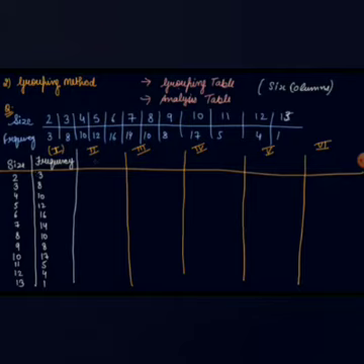In the second column, you add the first plus second frequency, which is 3 plus 8 equal to 11. Then you add the other two frequencies, 10 plus 12, you have 22.